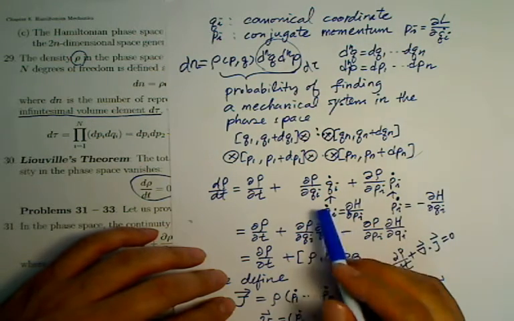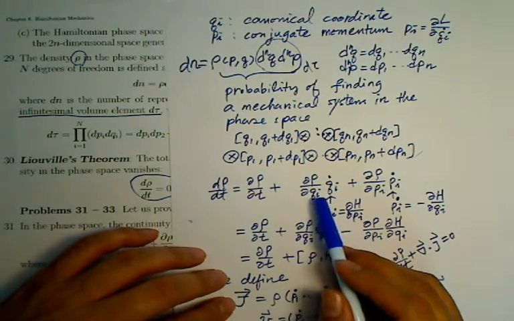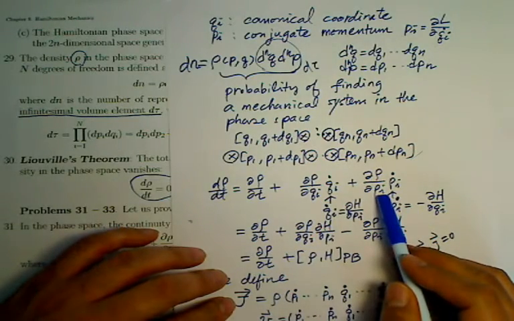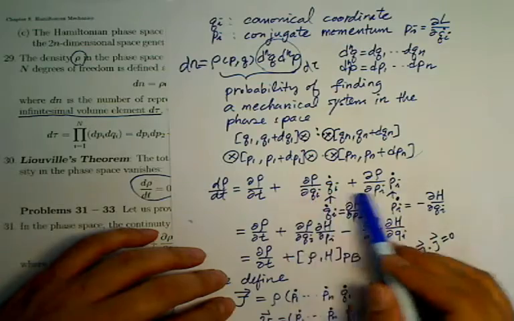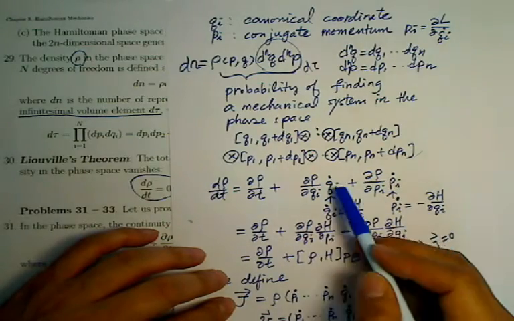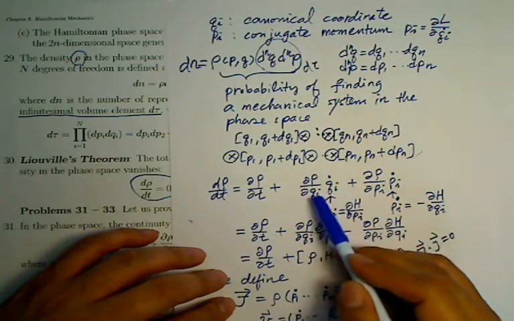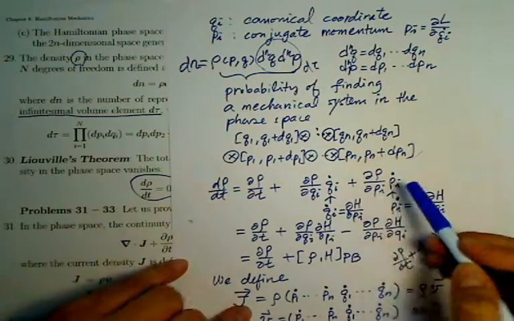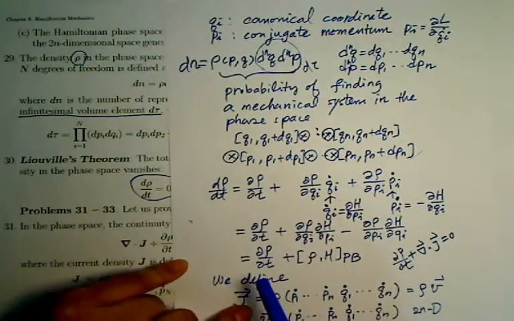Coordinates of the phase space means all the q_i's and all the p_i's. Alright, if I consider both of them and multiply by the time derivative of this coordinate and the time derivative of this momentum, what you obtain is the total time derivative.